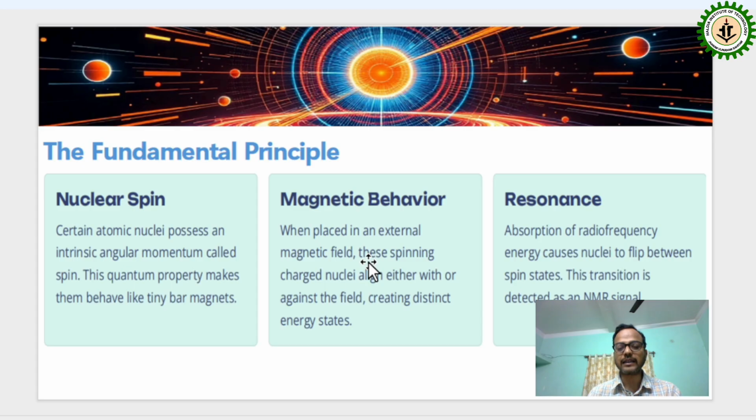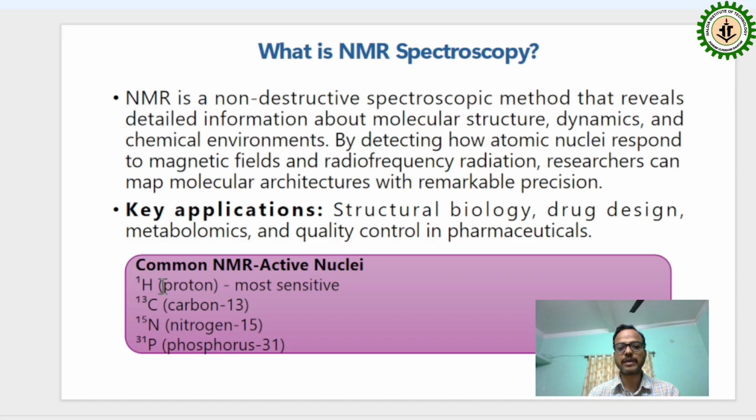Now the question is, which nuclei produce a magnetic field? Talking about the previous slide, a nucleus having an odd number of protons or an odd mass number, which is not cancelled out by any other, behaves like a tiny bar magnet. For example, C12, since it has 6 protons and 6 neutrons, will not be NMR active because it doesn't produce a small bar magnet.